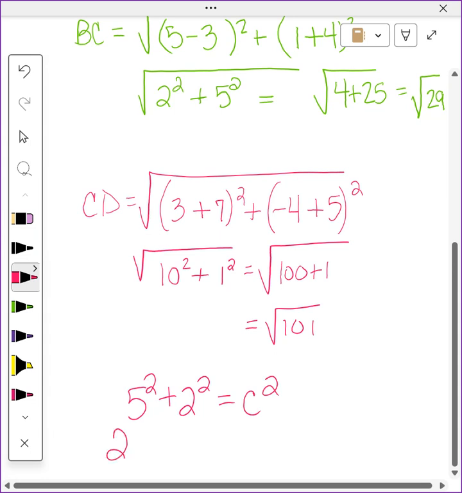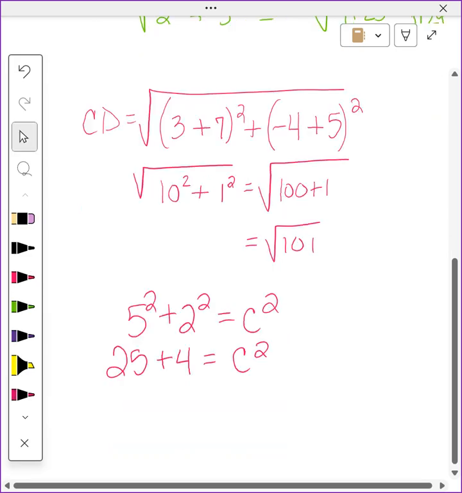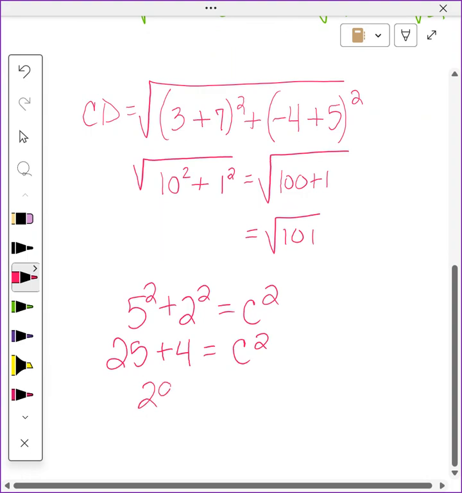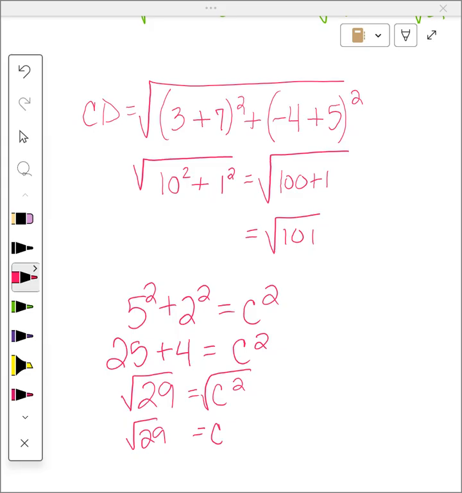Well, 5 squared is 25, and 2 squared is 4 equals C squared. 25 plus 4 is 29. How do I get C all by itself? How do I unsquare it? Take the square root of it. So C equals the square root of 29. That means that AD is the square root of 29.